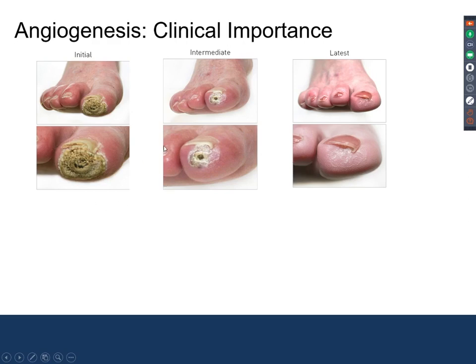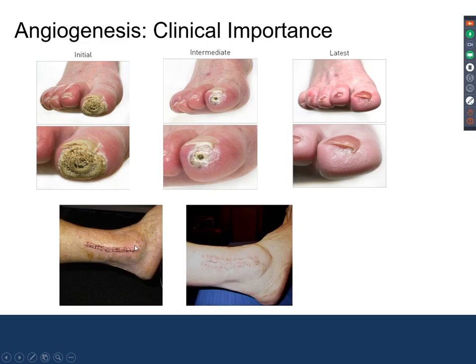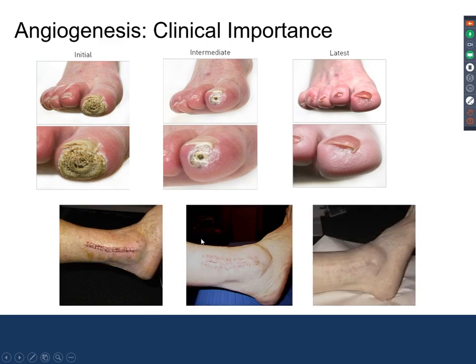So, you know, this is a direct example of how you can see growth of tissues if you provide it with appropriate circulation. Another one is post-surgical, where you see treatment over a progression of time. And what's really interesting to note, I want everyone to take a look, is you see the scar tissue formation is minimal.